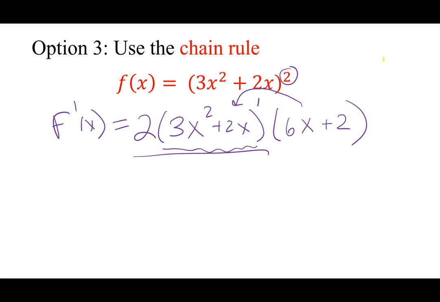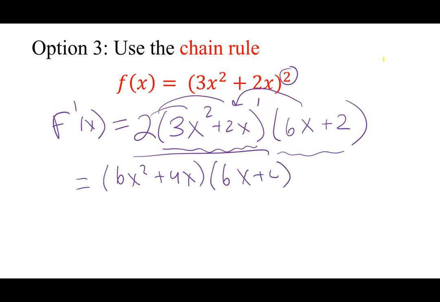If you were to go back and look at all the problems, we never did ones like that because you weren't allowed to. You have to do these more complicated problems by then multiplying by the derivative of the inside. And again, that's called the chain rule. So where would you go from here? Well, from here, I'm going to take this 2 and distribute it inside. So that's going to give me 6x squared plus 4x times 6x plus 2.